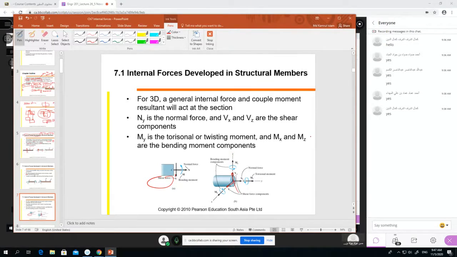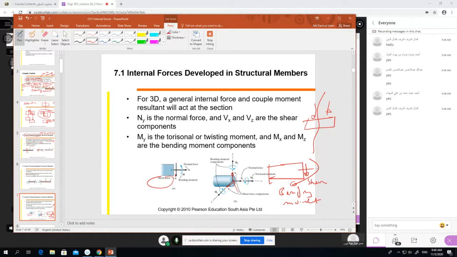Now, for some kind of member with an external applied load, you cut a section, so in the cut section there will be some forces. The sliding force is called shear force. The moment that works is called bending moment, or internal moment. We will learn later.